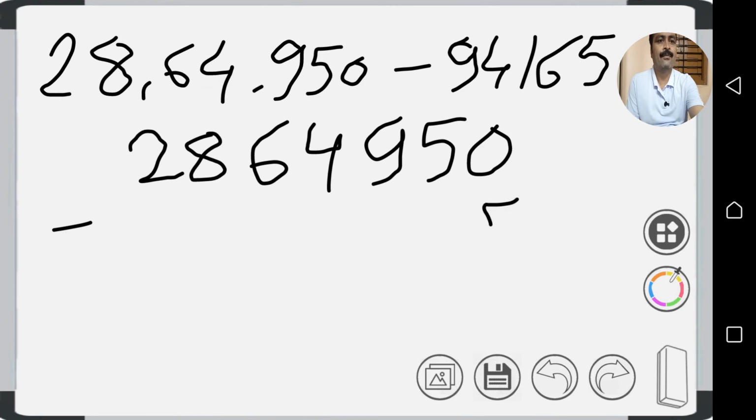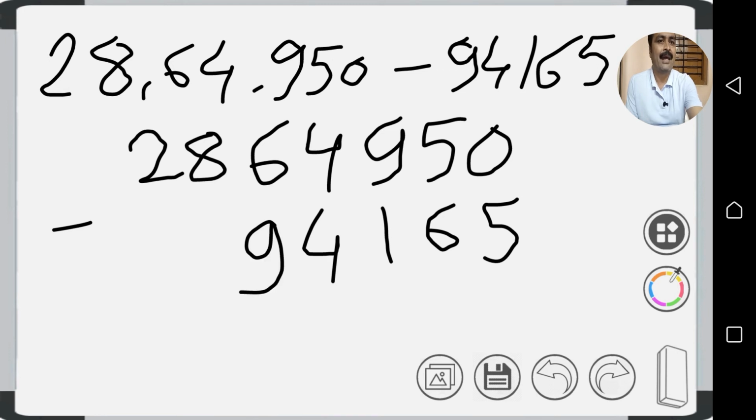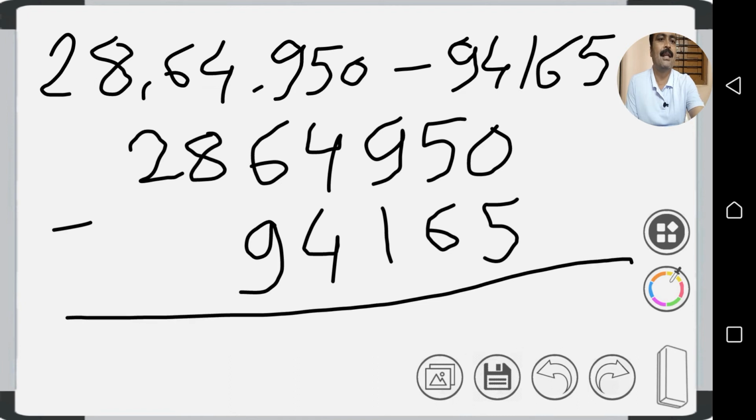So 5 we arrange below 0. 6 we arrange below 5 into tens place. 1 we arrange below 9 into hundreds place. 4 we arrange below 4 at 1000 place, and 9 we arrange below 6 at 10,000 place. So this is the proper vertical arrangement that we have to do here.